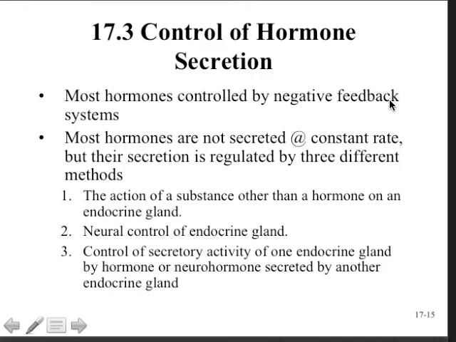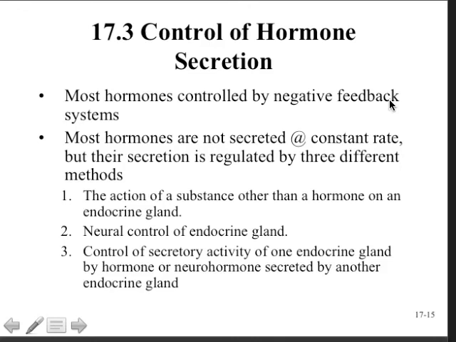We can have neural control of the endocrine gland, where we have a direct lead via the ANS straight into the gland, causing it to turn on or off. Examples would be the adrenal medulla and the pituitary, particularly the posterior lobe. And then we can control the secretory activity of one endocrine gland by a hormone or a neurohormone that comes from another endocrine gland.